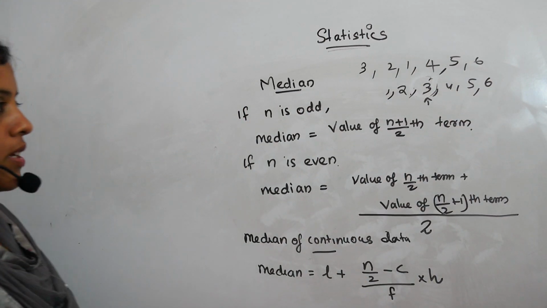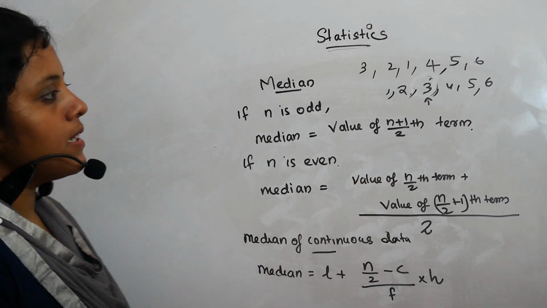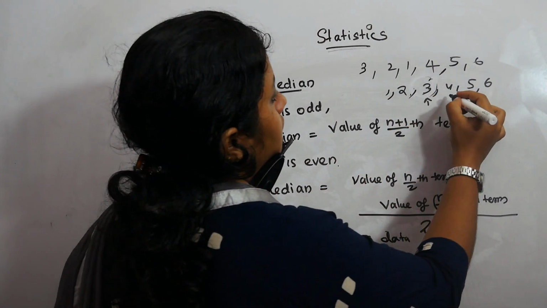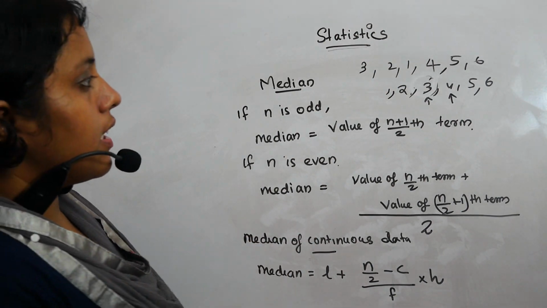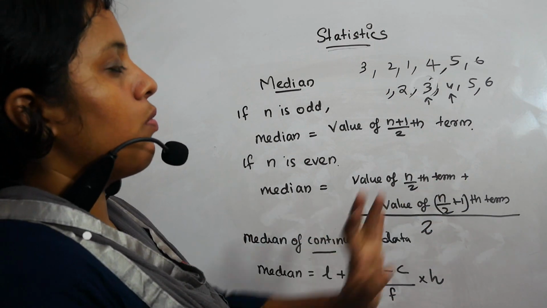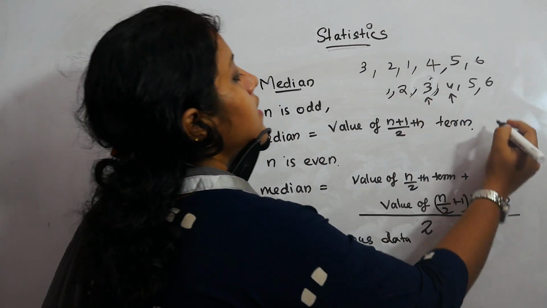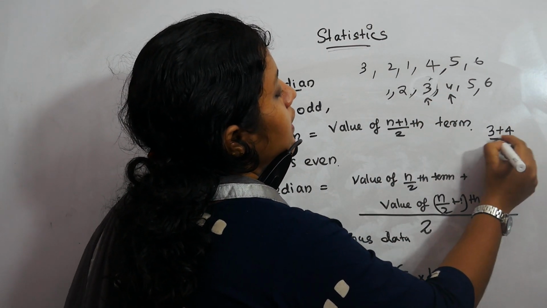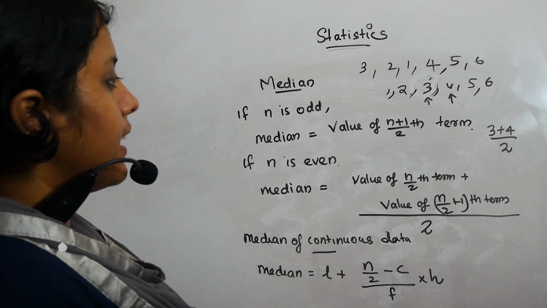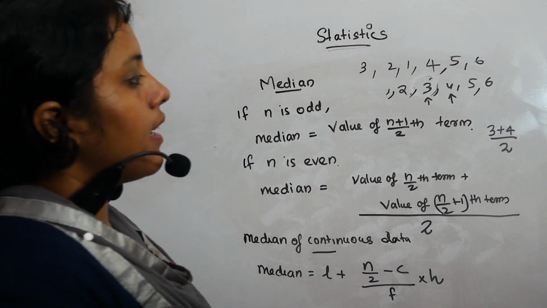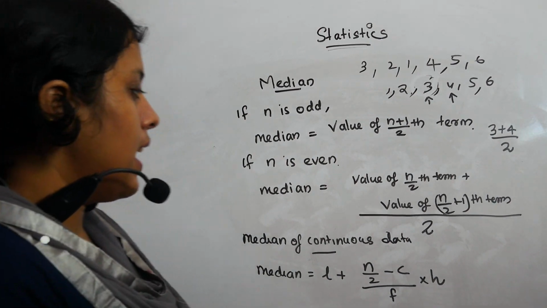Then n by 2th means 6 by 2, so 3. Here n by 2 plus 1th is 3 plus 1, the 4th term. Then I'll take 3 plus 4 divided by 2. Understood? Then I get the median, that is 7 by 2, 3.5.